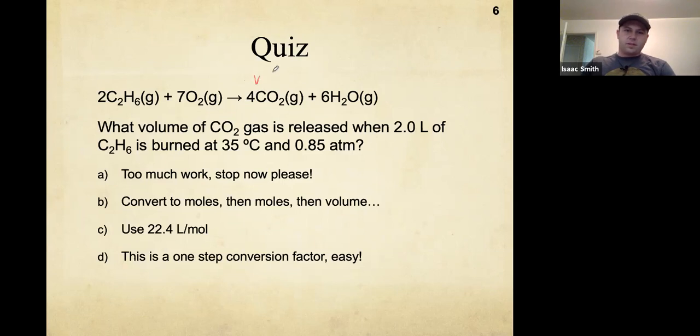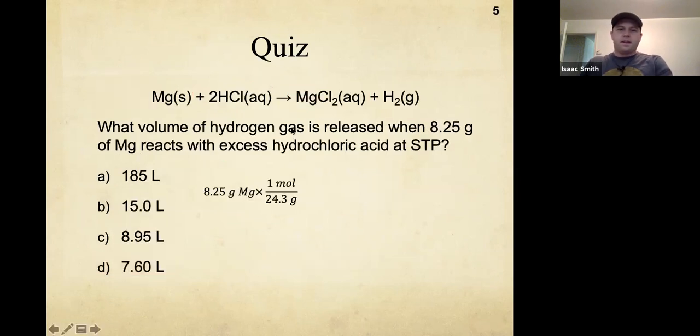So the volume here is going to be what we want. And we're starting with 2 liters of ethane. So we're starting with volume of A, and this is volume of a gas. And it gives you the different temperature and pressure. Okay, volume of A to volume of B is what we're doing, right?